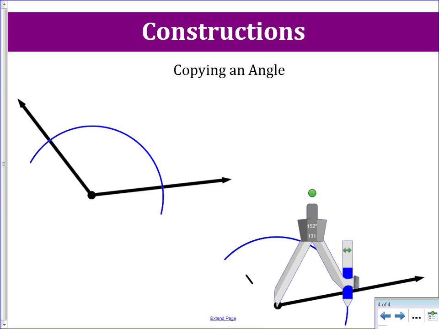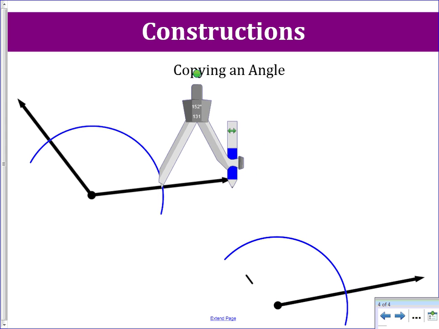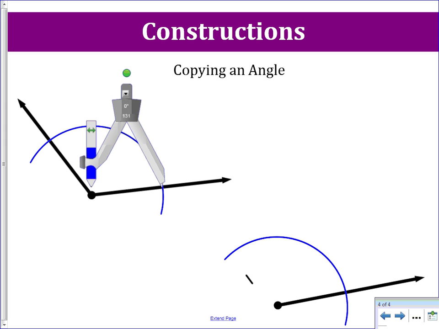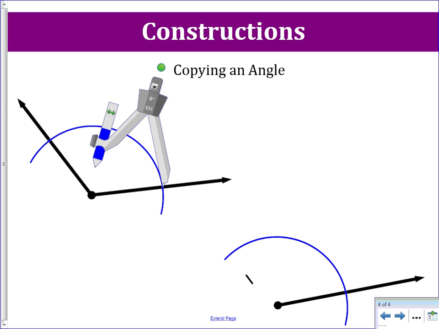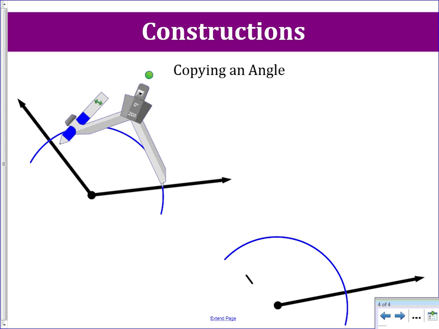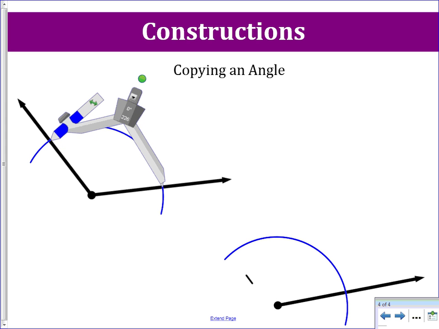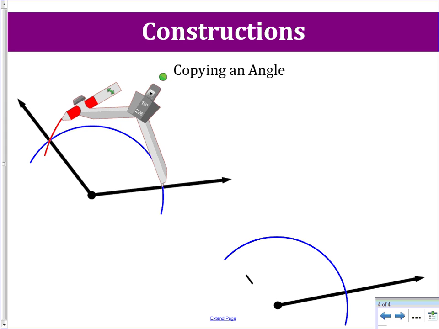From there, we are going to go over to our original angle and measure the distance between the rays. That looks to be about perfect.